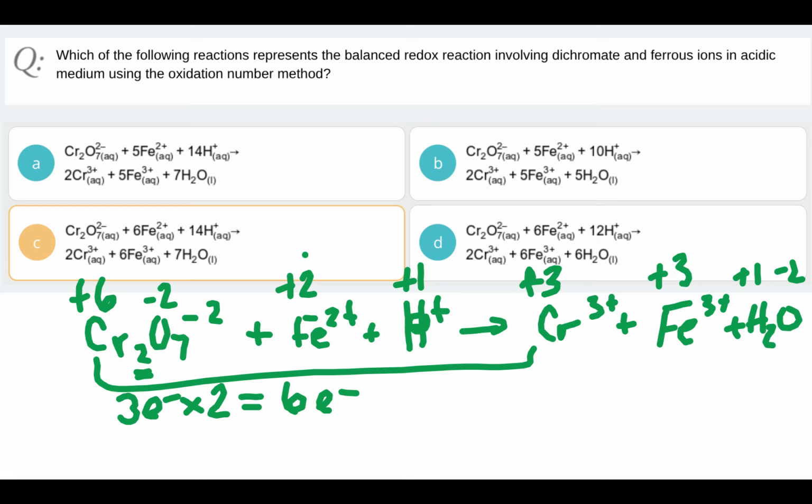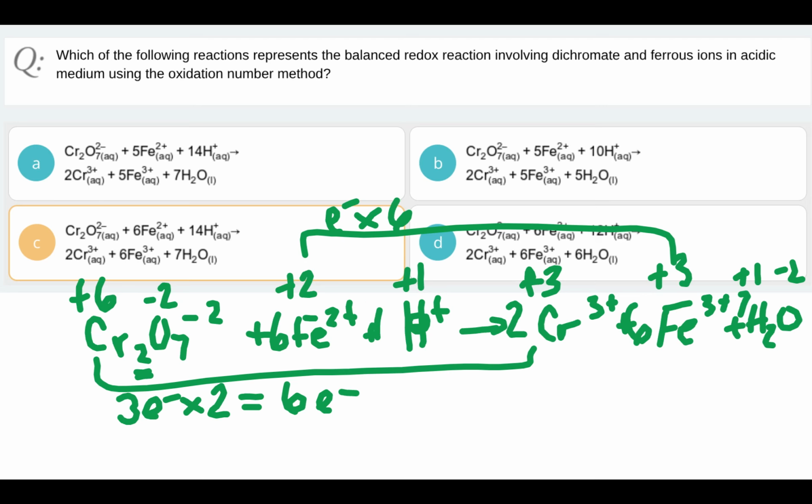Now iron is going from +2 to +3, so that's an exchange of 1 electron. So to make that the same in terms of electrons, we would multiply the Fe2 positive ion by 6. Right, because then we would have an exchange of 6 electrons for both. And once you've done that, now we can just balance the rest by inspection. And doing that, we would put a 2 here, a 6 here, and I believe a 7 in front of the water, which would make 14 hydrogens.